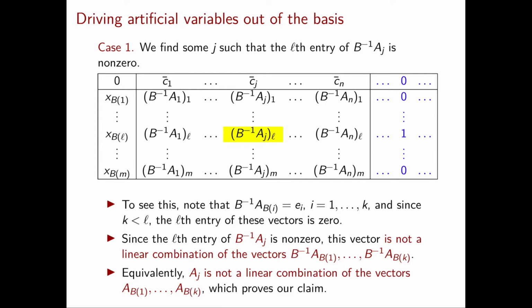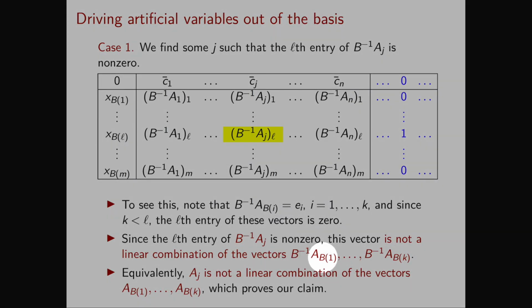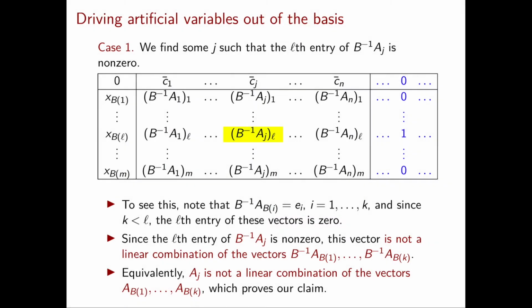We're going to use once again our standard trick. Namely, we only need to show that B inverse Aj is linearly independent from B inverse AB1 until B inverse ABK. So essentially, we multiply all our vectors by B inverse on the left. The reason we do that is because now checking this linear independence is very simple. In fact, let's look at the nth entry of these vectors.